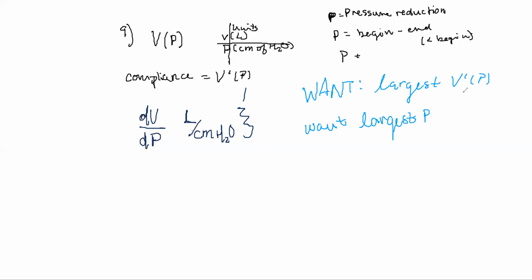Oh, I lied. This table is talking about V versus P, and we need to be considering V prime versus P. So we want the largest V prime of P, which is the greatest rate of change between things. Does that make sense? Because what we're looking at is V prime of P, not V of P.